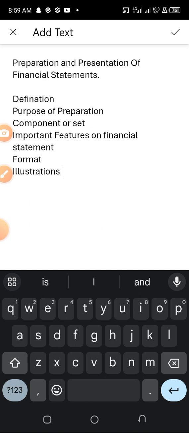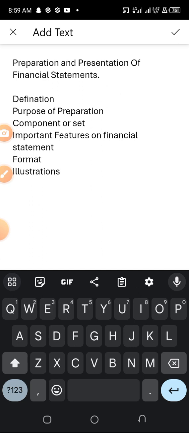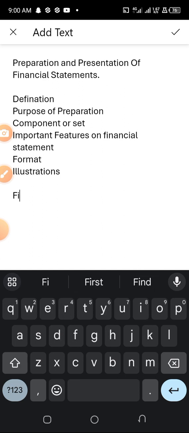We look at ICAN past questions, and then we also look at the ACCA past questions. The essence is to know how to prepare and present financial statements. Please join us as we proceed in giving this topic a wonderful session.